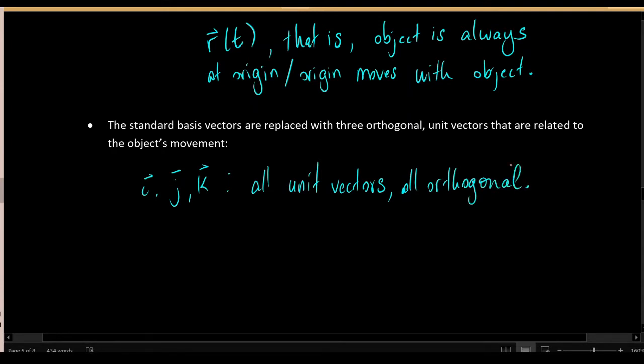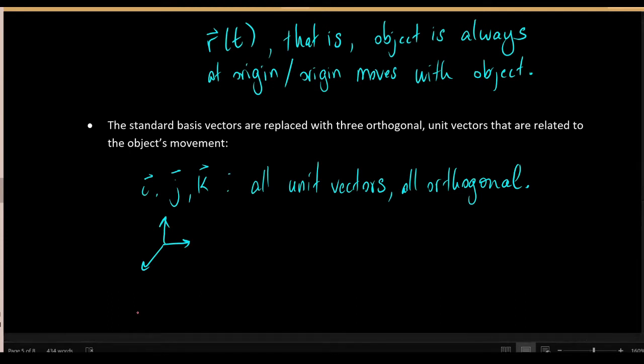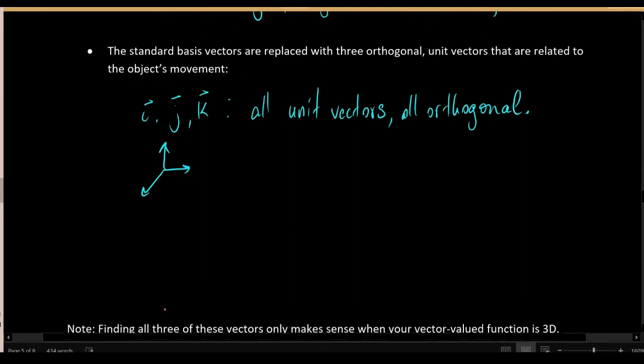In other words, i dot j is equal to 0, they're perpendicular, j is perpendicular to k, and i is perpendicular to k as well. So when we replace i, j, k with a different coordinate system, we also want the alternative coordinate system to create this sort of corner, this right-angled corner.